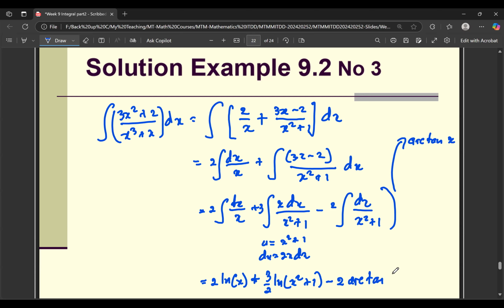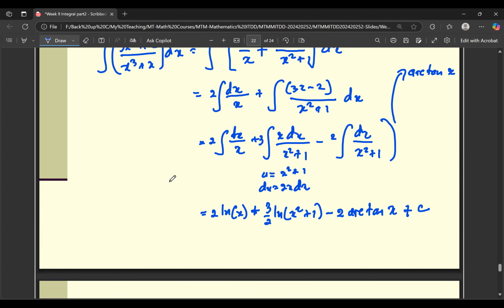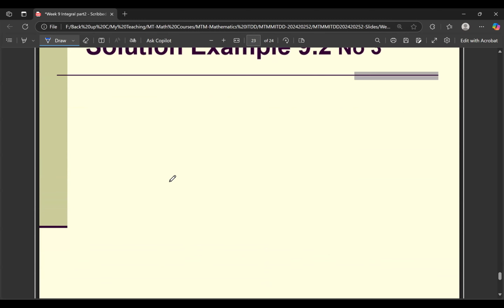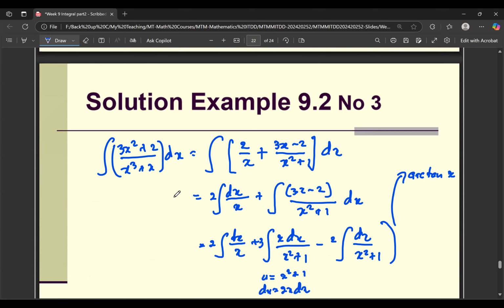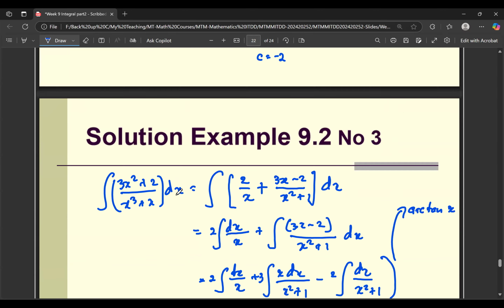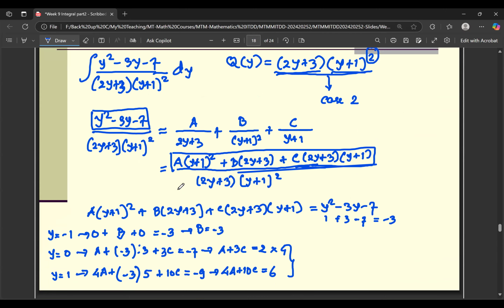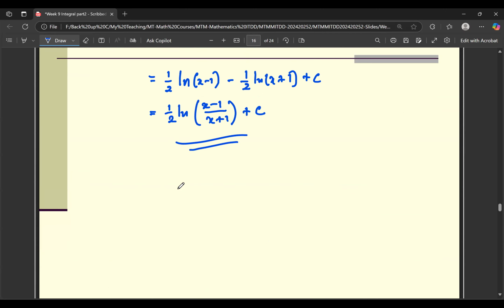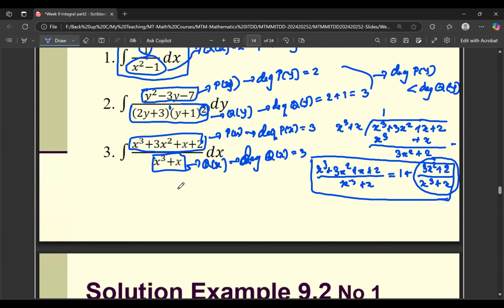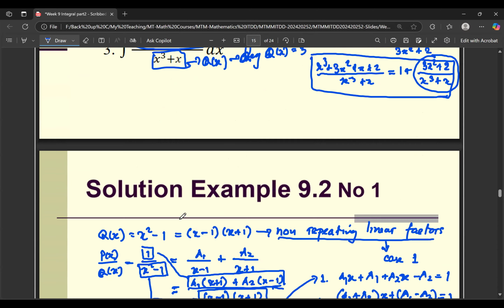So this is the integral of 3x squared plus 2. This is not the end of the problem. We must make a conclusion.